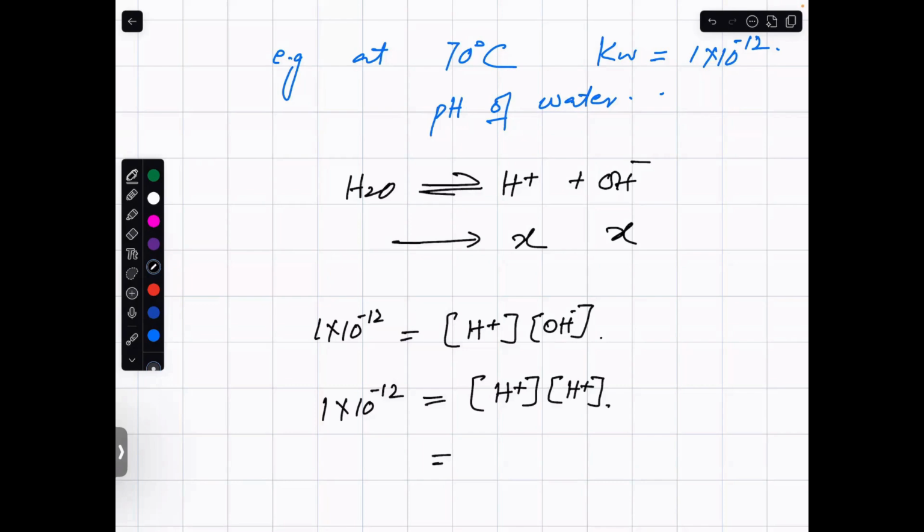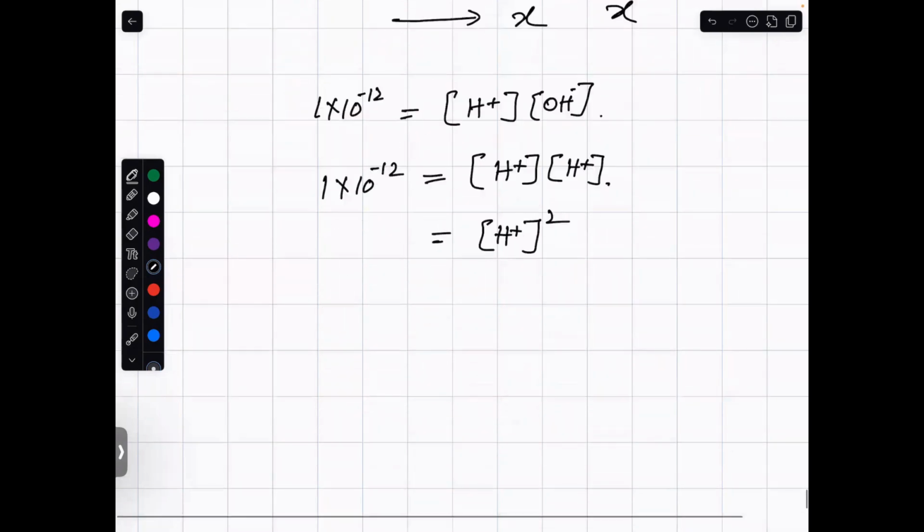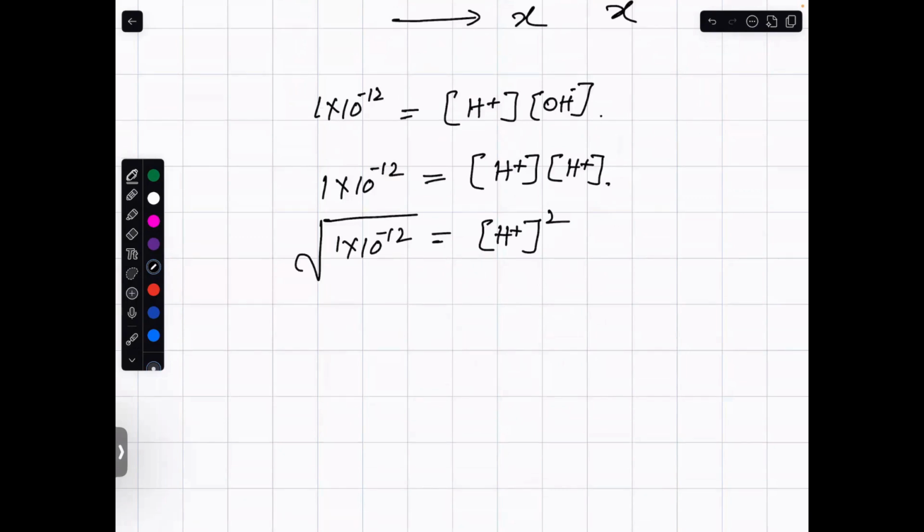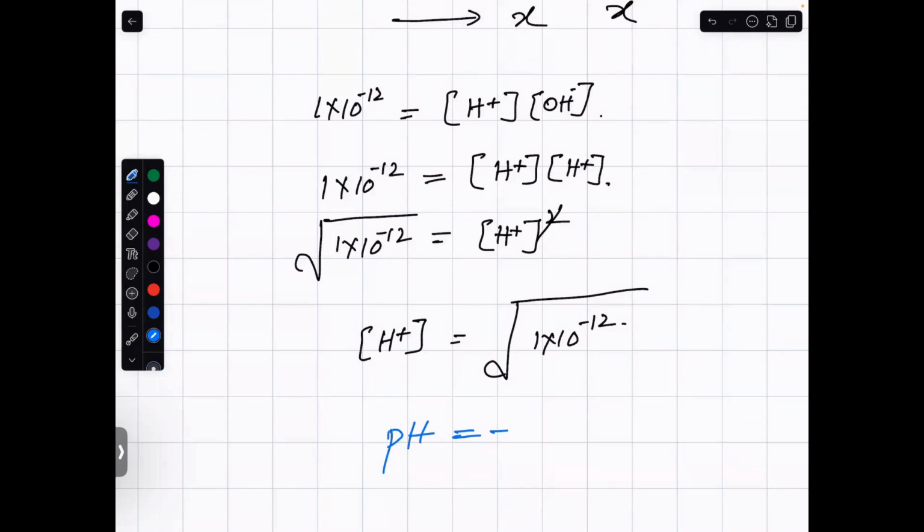Yes, so it becomes square. If I remove the square, I will do under root. Now, the H plus concentration is under root 1 into 10 power minus 12. How you'll find pH? Take the negative log of this. I hope you understand this.